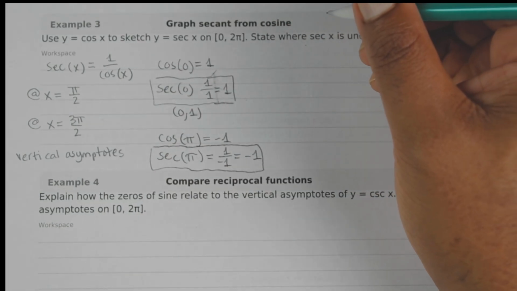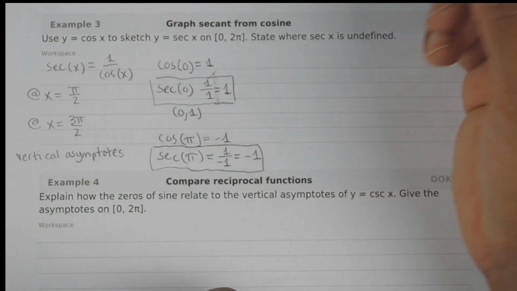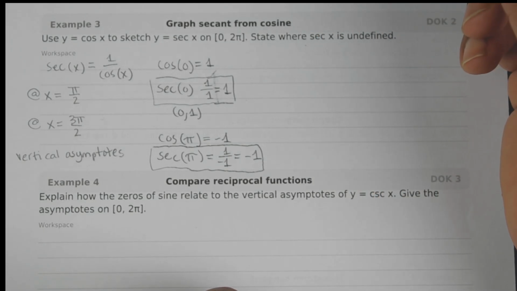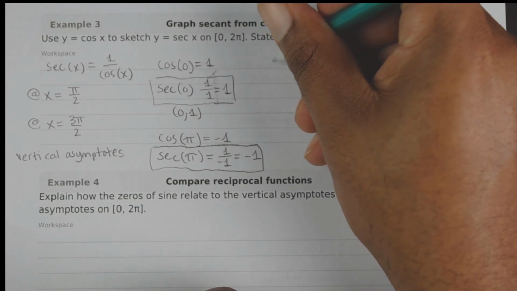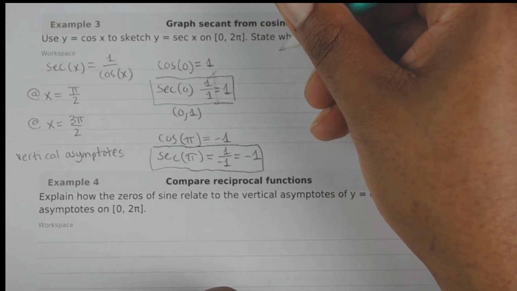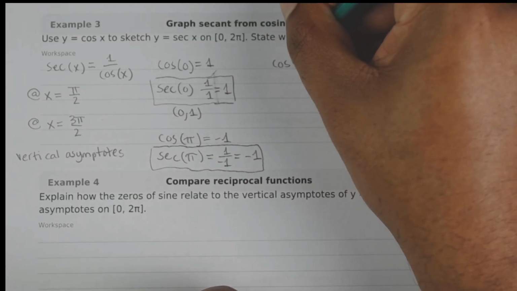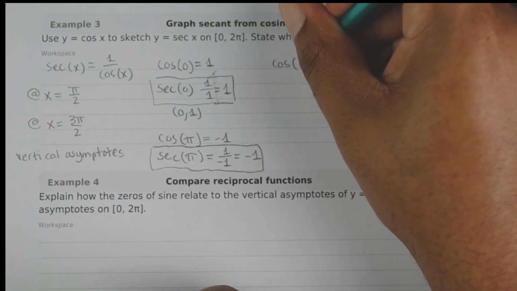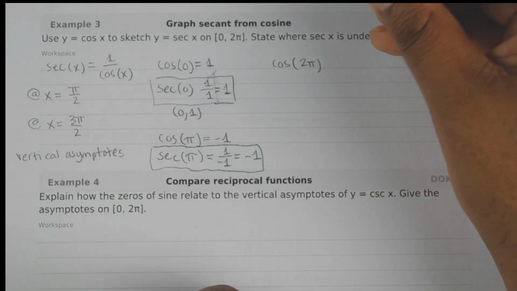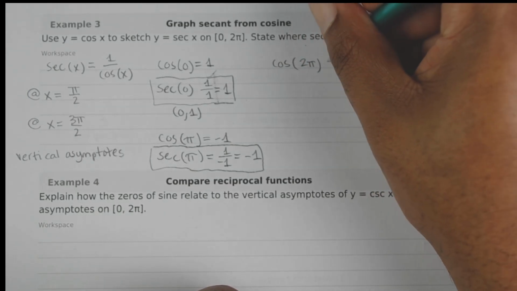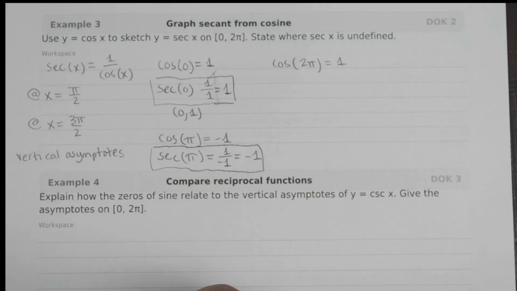Let's do another one, cosine of 2 pi, which is 1 there.